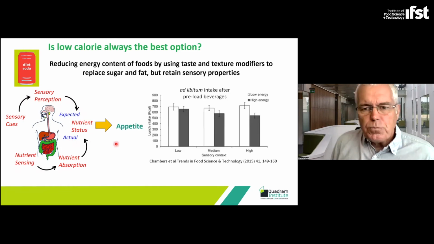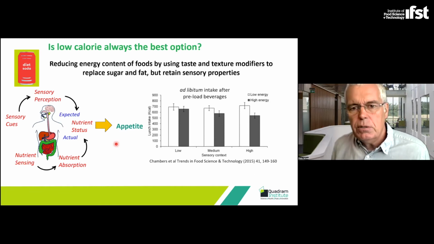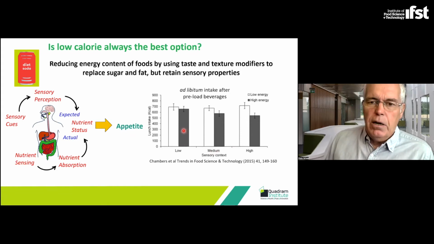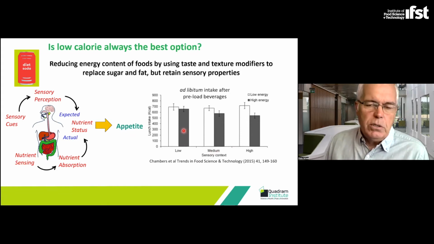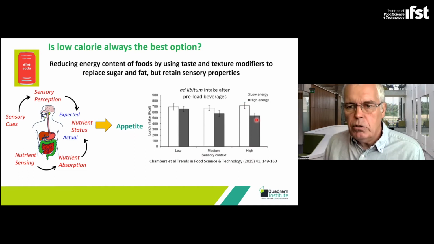A study from Martin Yeomans' group at Sussex showed this a while ago, and we followed up with this with him in emulsion systems. Basically, they fed people a preloaded beverage, either with low sensory, so it's thin and watery, or one that is thick and creamy, and either energy replete, containing sugar and fat, or not.